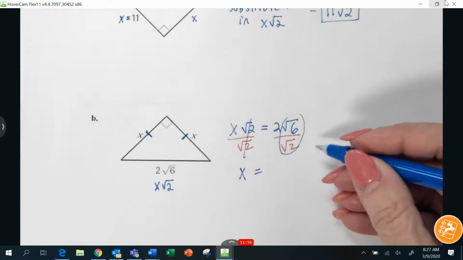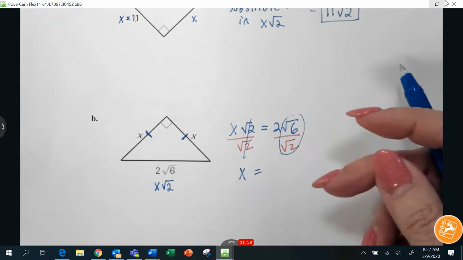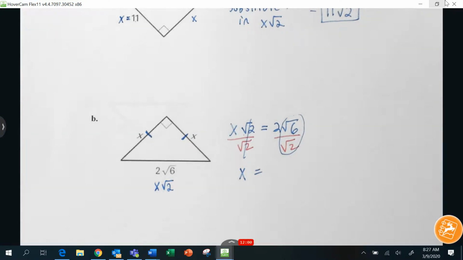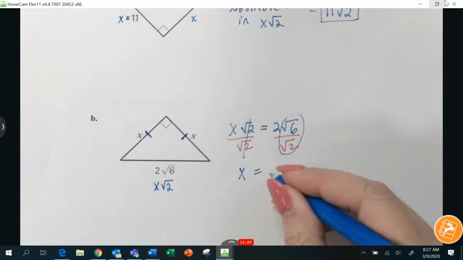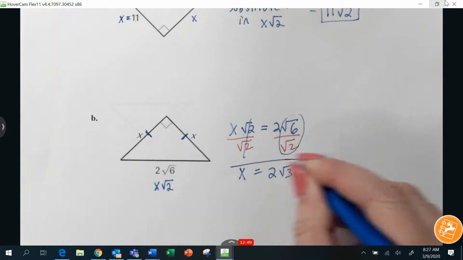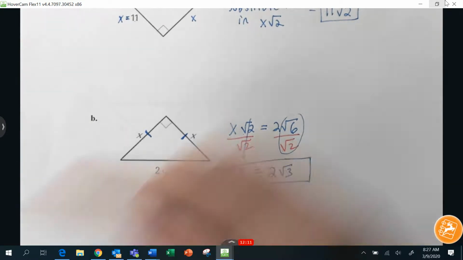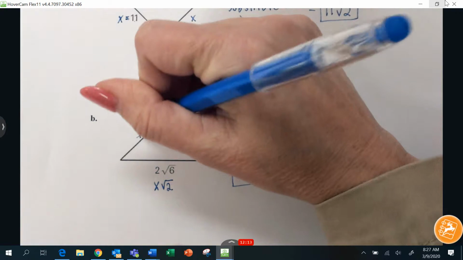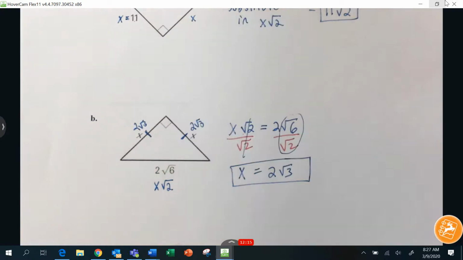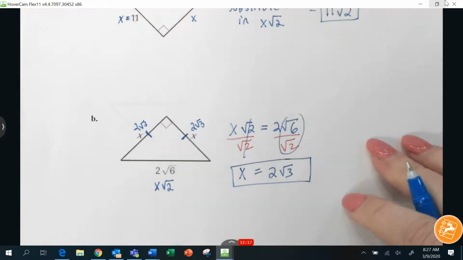So what is square root 6 divided by square root 2? Everybody know? Take a guess. What, Cameron? Yep. So we get 2 square root 3 as our answer. These sides are 2 square root 3.